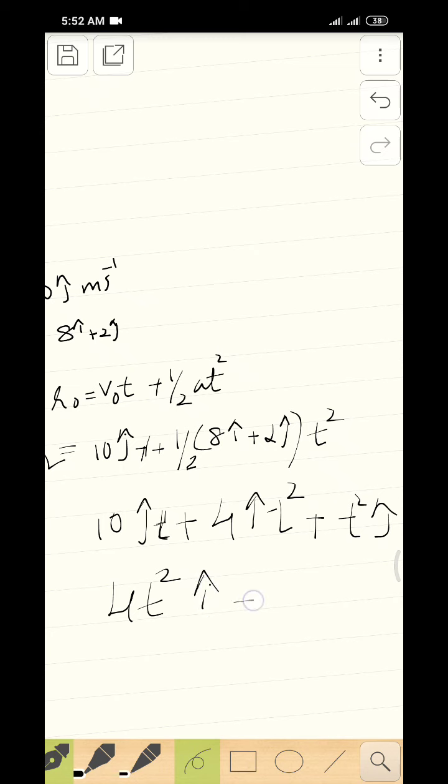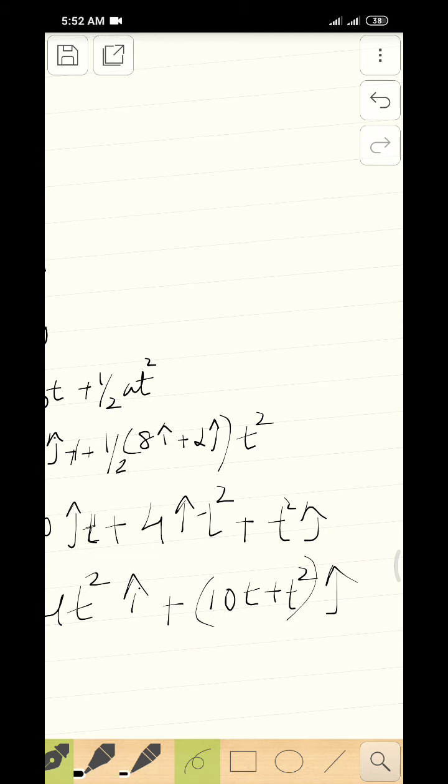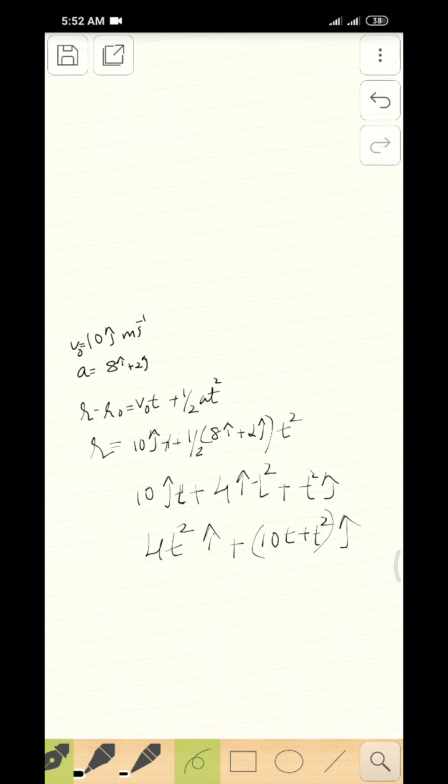plus 10 t plus t square, j cap. So if we consider r is equal to x i cap plus y j cap, the x term is 4t square and the y term will be 10t plus t square.